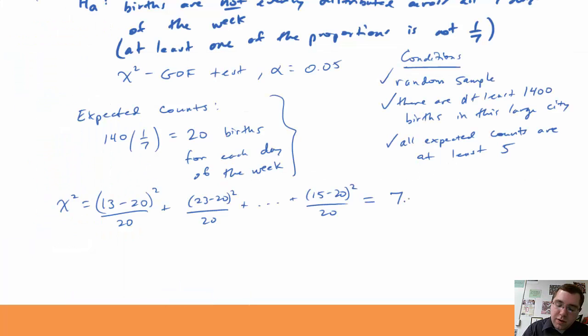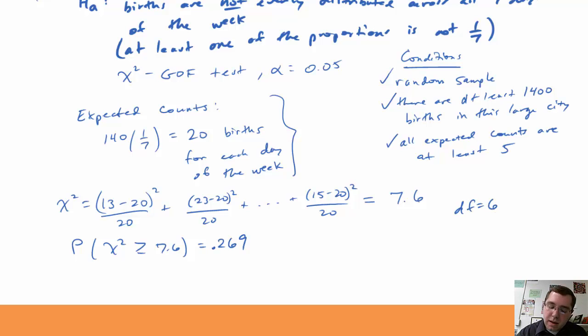The p-value is the probability that the chi-squared statistic is greater than or equal to 7.6. So just like before, we have the test statistic and the p-value. Here our test statistic is the chi-squared value. And I need to write down that this is with a degrees of freedom of 6.